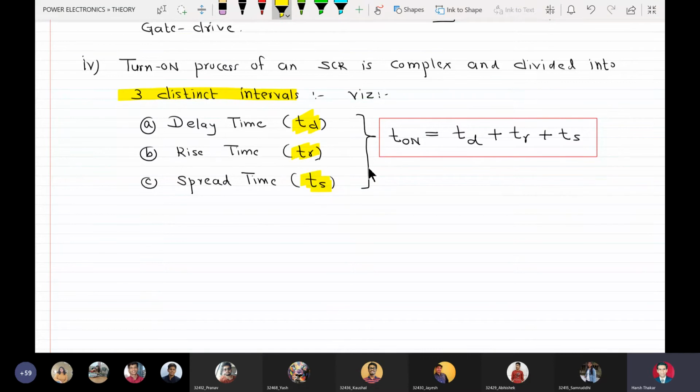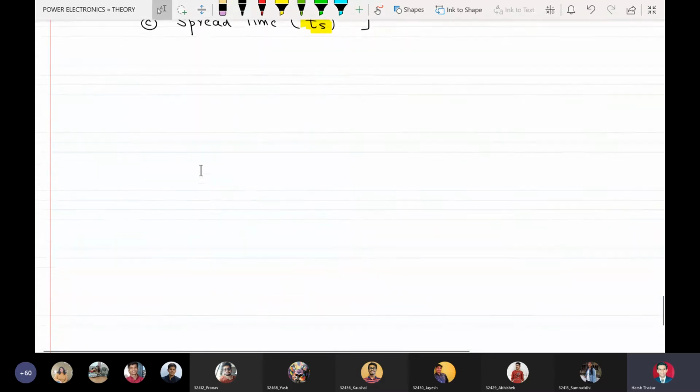Now using waveforms, we can actually explain what is delay time, what is rise time, what is spread time. But before we do that, we can actually define these intervals: delay time, rise time and spread time. So based on the definitions, we can very clearly draw the relevant waveforms. So let us define them.